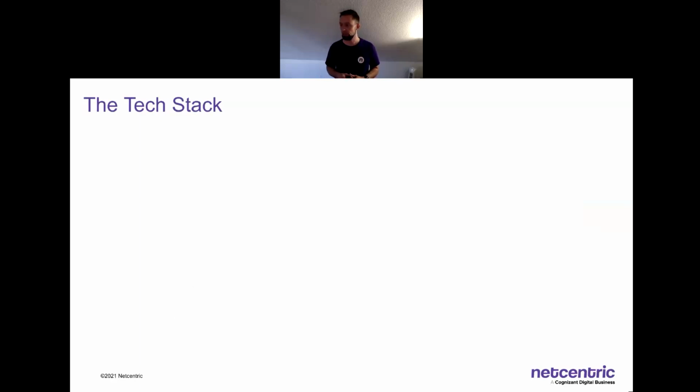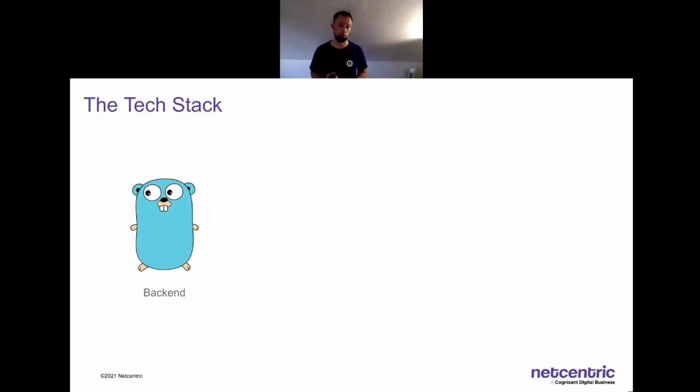and brings me to my next section, which is the tech stack. We decided to go with Golang for our backend. Golang is a very great fit for cloud native development. Why? The compile time of our backend application is incredibly fast.